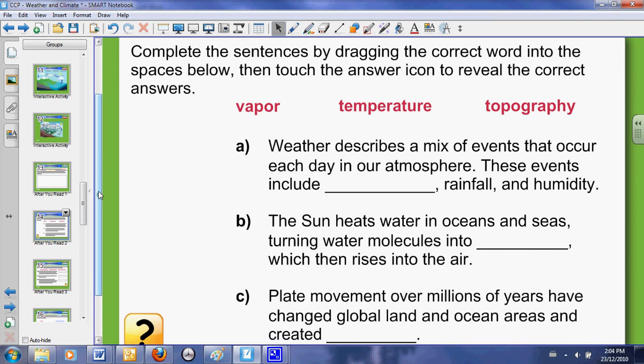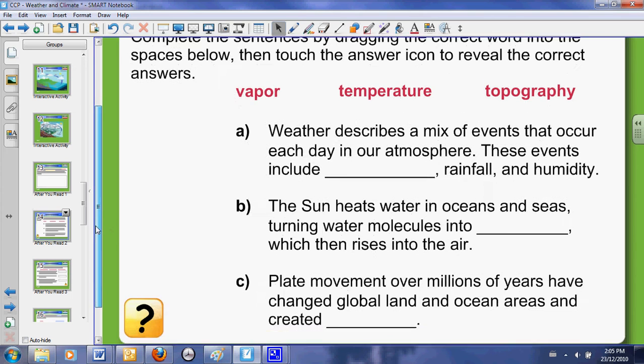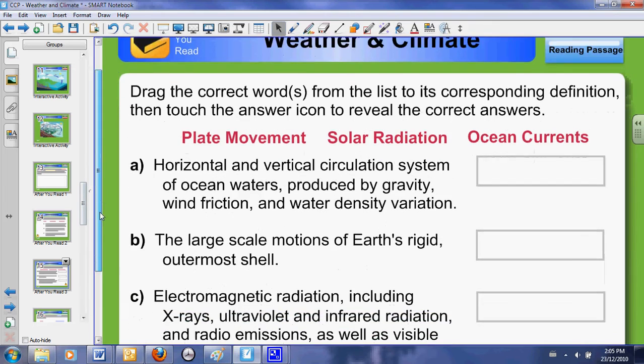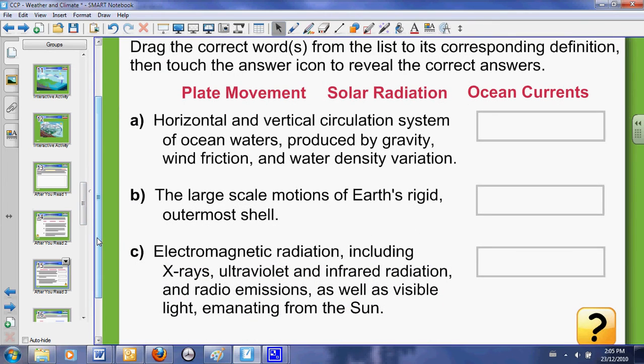Complete the sentences on this slide. You are to complete the sentences by dragging the correct word into the appropriate blanks. Same thing here. Drag the words, see if you can answer the questions.